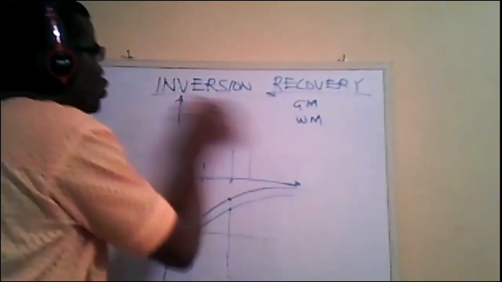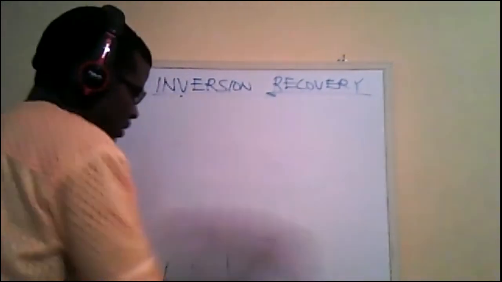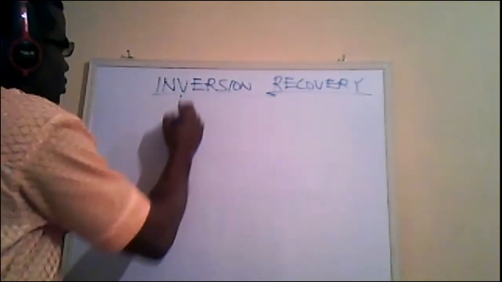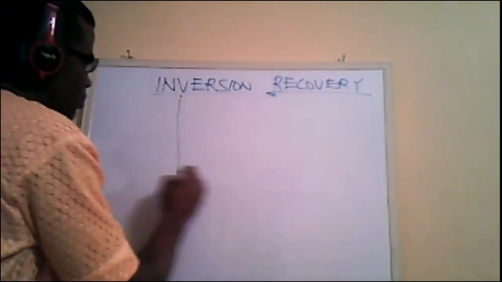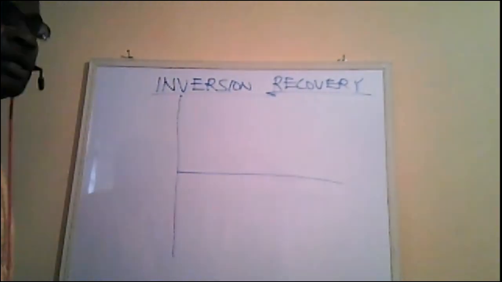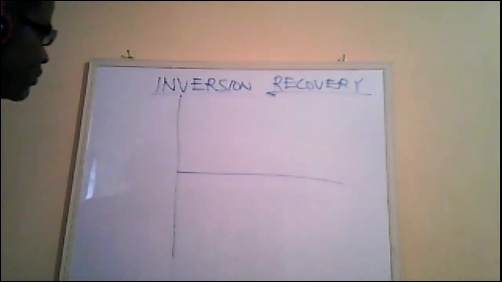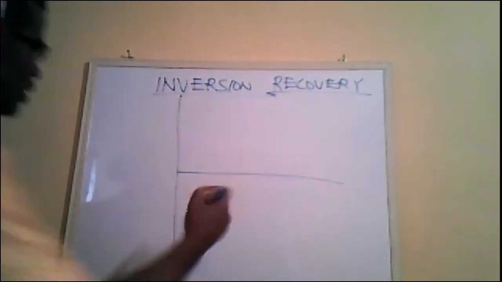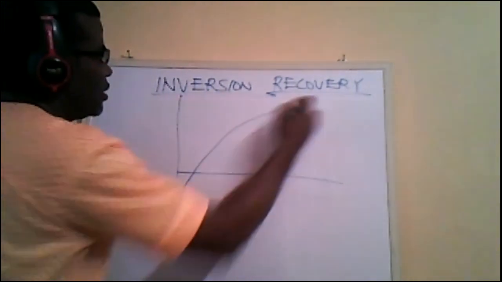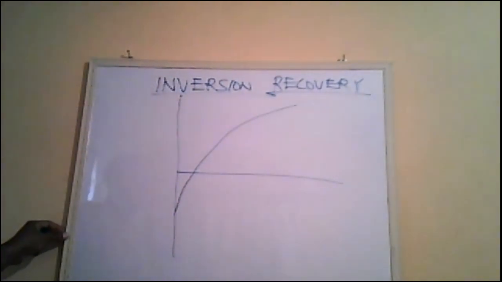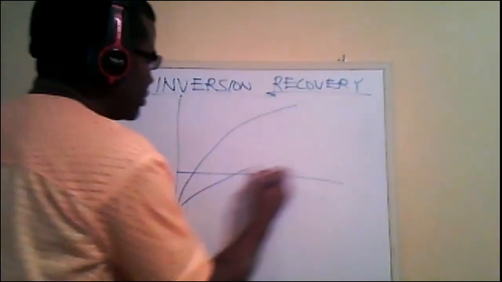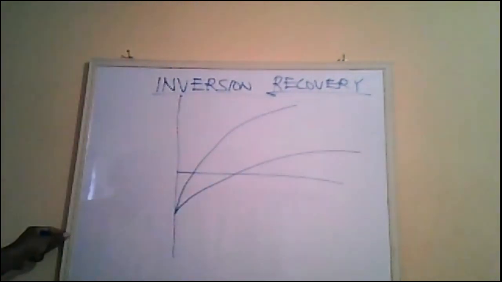Another important use of inversion recovery is for this explanation I'm going to give now. We have parts. Can take this shape and have CSF, cerebrospinal fluid, taking this shape.